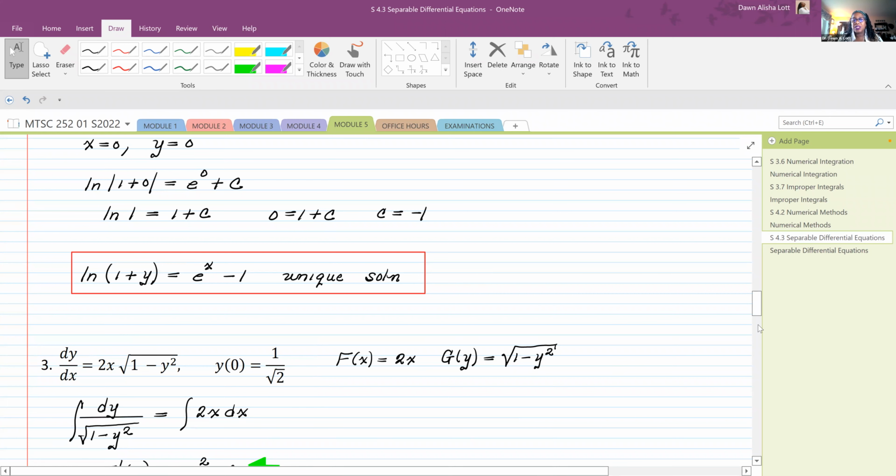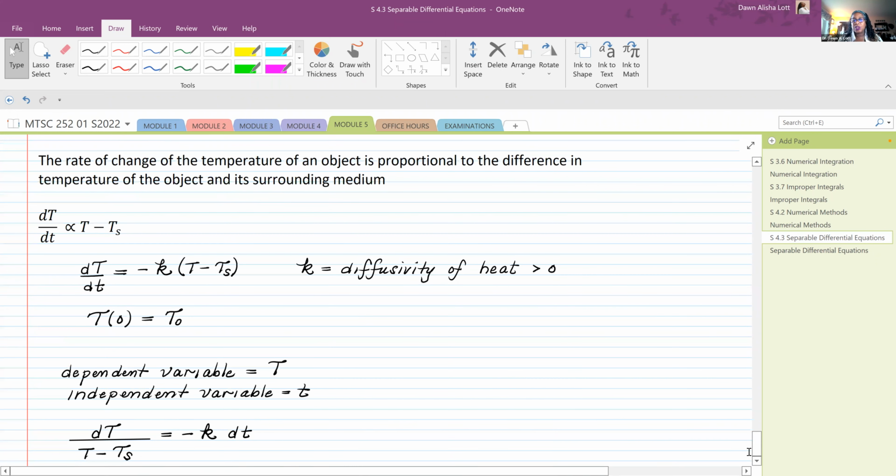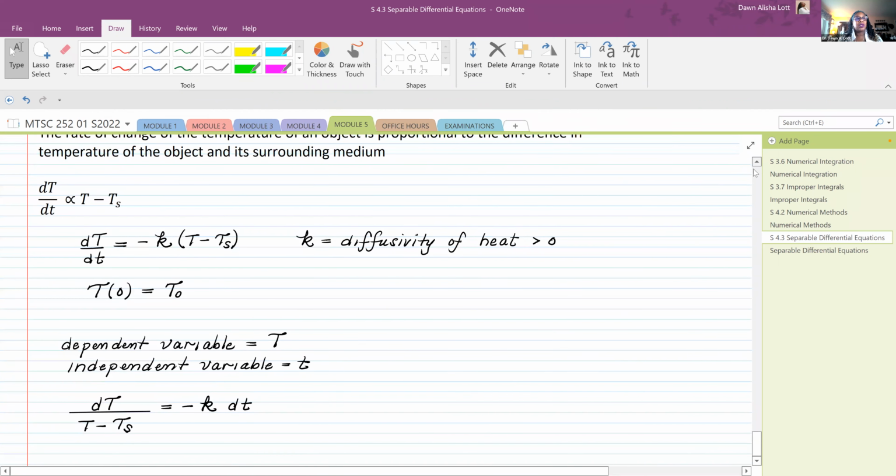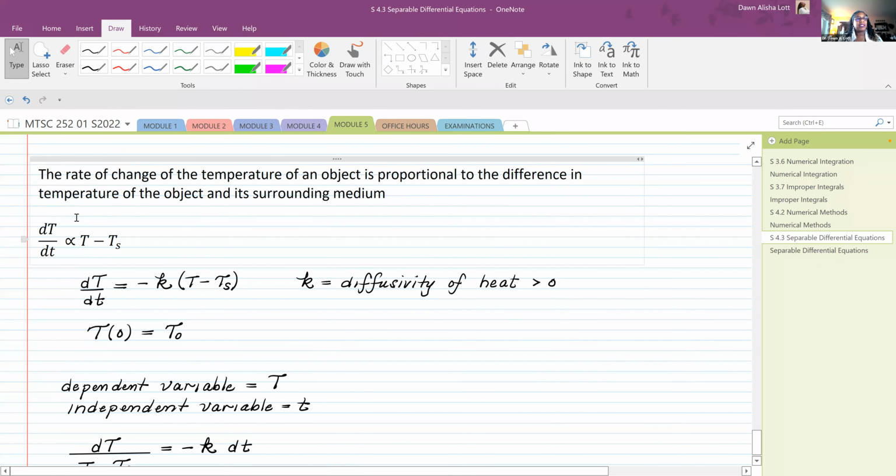This is the same, except now we're using capital T's and little t's. Capital T is basically like our y, and little t is like our x. So that's why capital T is the dependent variable and little t is our independent variable.